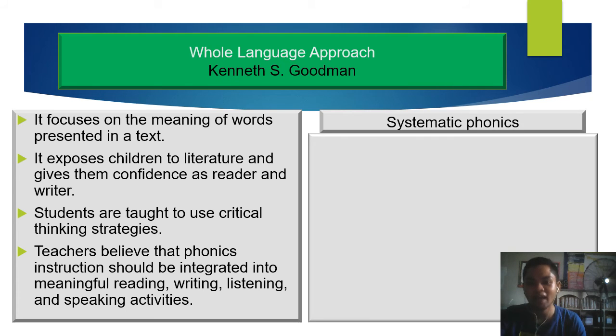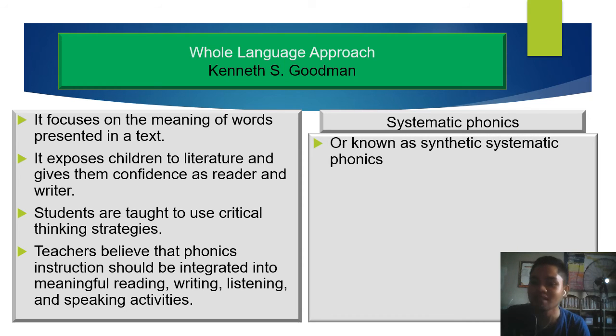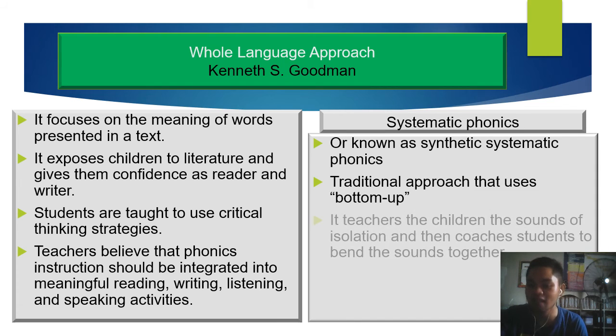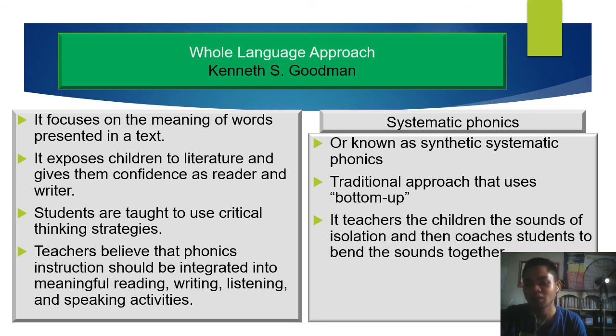So here we have the systematic phonics. This is the difference, also known as synthetic systematic phonics. The traditional approach uses bottom up. It teaches the children the sounds in isolation and then coaches students to blend the sounds together.